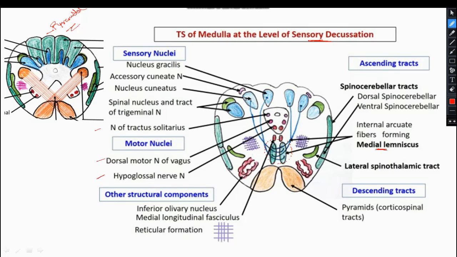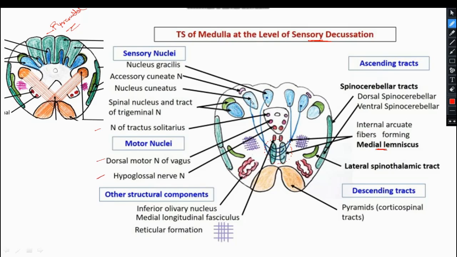This gray matter of the nucleus gracilis and cuneatus is much enlarged here, and this is the spinal nucleus and tract of the trigeminal nerve.